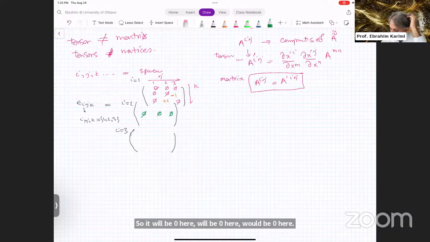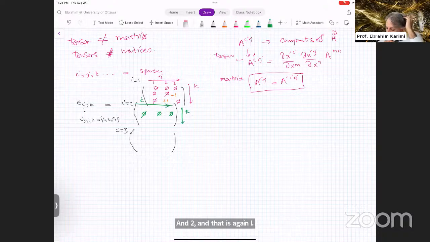And 2, and that is again I, that is again K. 1, 1, that will be 0. 2, 1, 1 is 0. Sounds strange. 2, 1, 3.